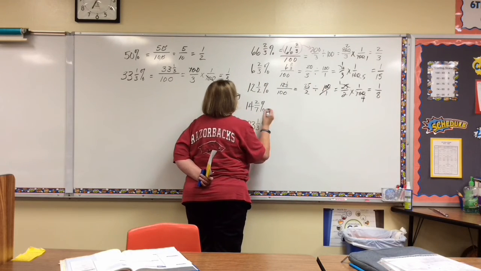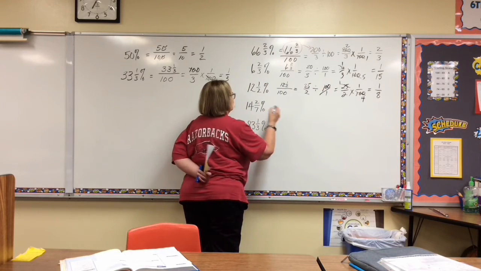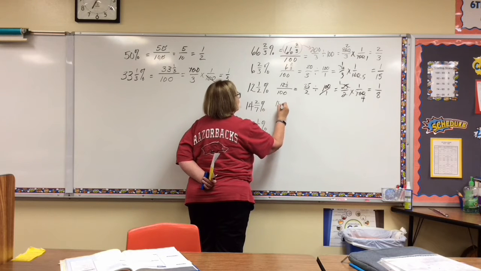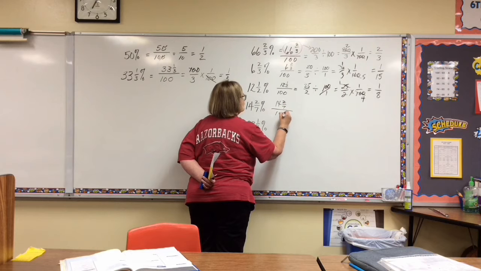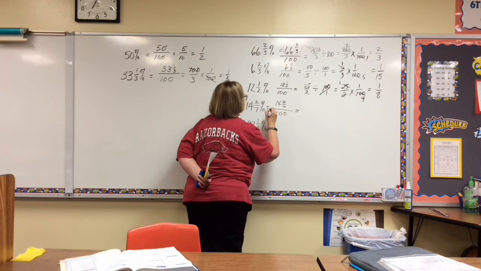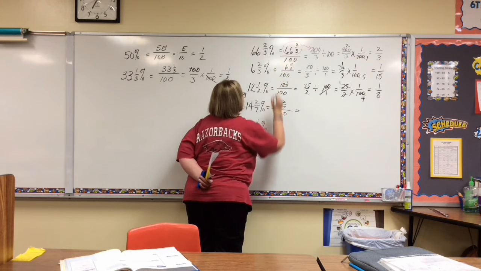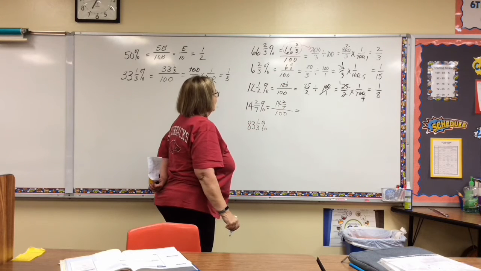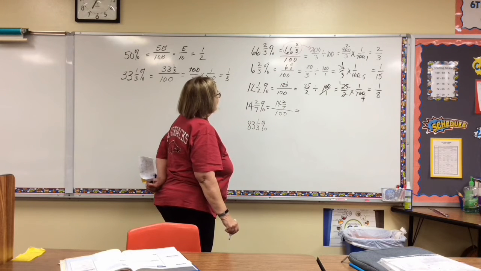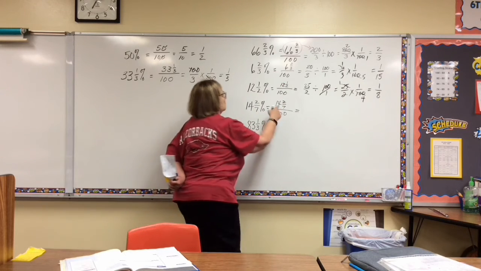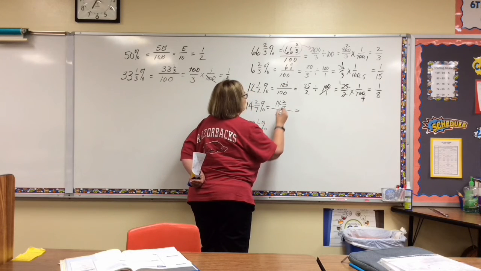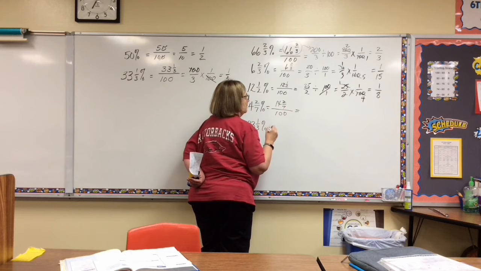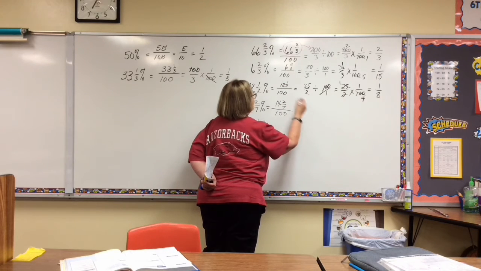Okay? 14 2/7. All right, 14 2/7 divided by 100. Okay, 7 times 14. Well, 7 times 4 is 28, and carry 2. 7 times 1 is 7, plus 2 is 9, and 2 more is 100.